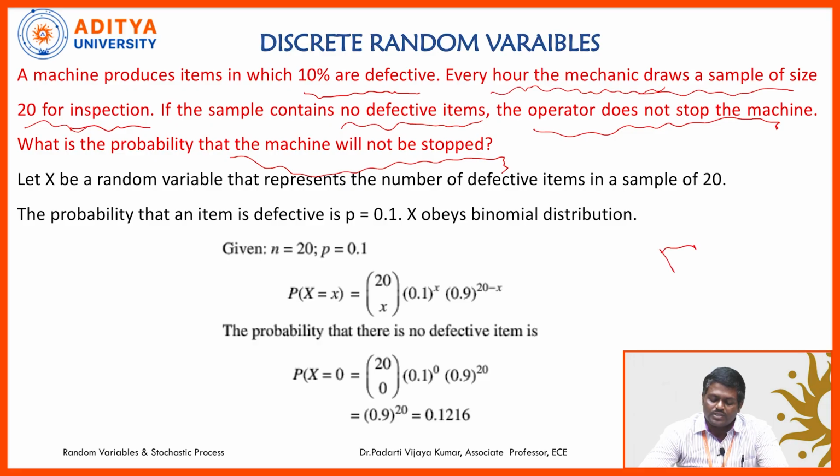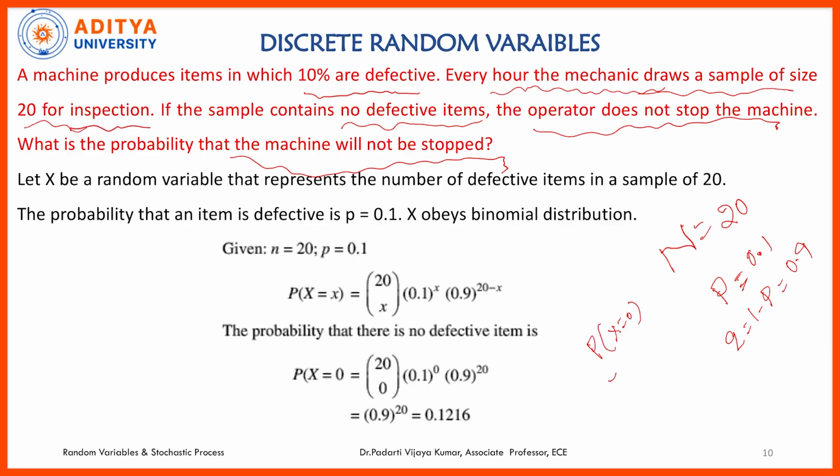So, the samples collected by the mechanic is 20 and the probability of getting a defective item during the production is given as 10%, that means 0.1. The probability of getting a non-defective item is 0.9. Now, we are asked to calculate the probability that the machine will not be stopped. That means no defective item should be found.